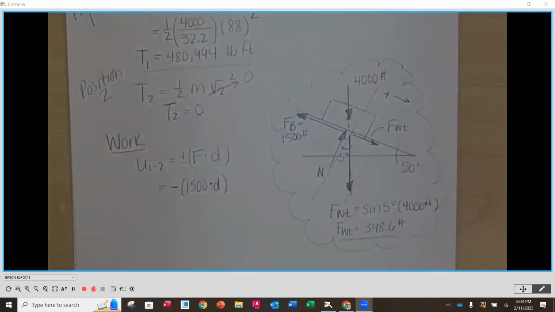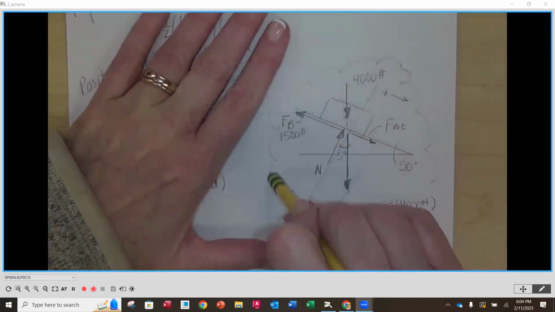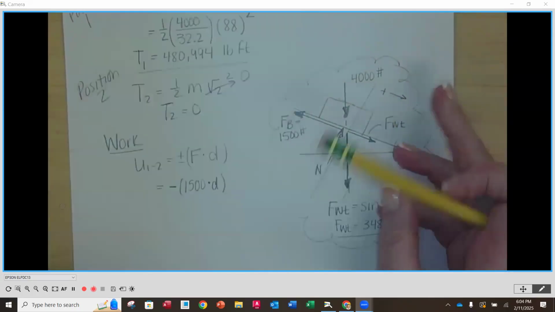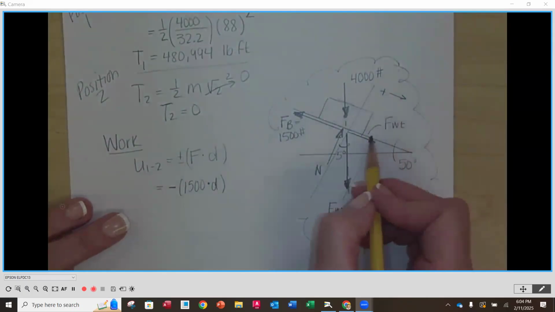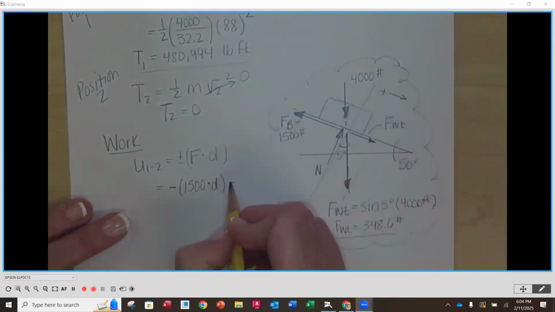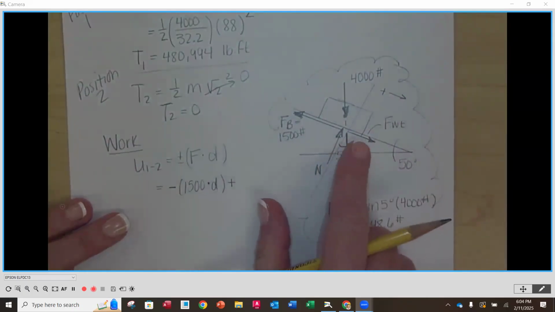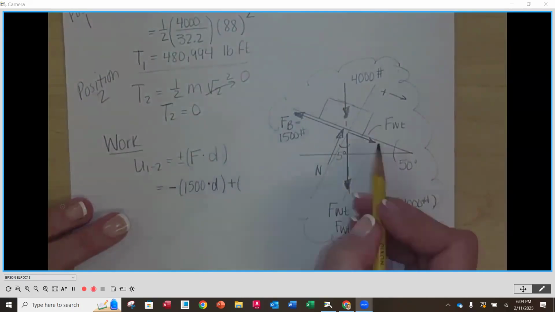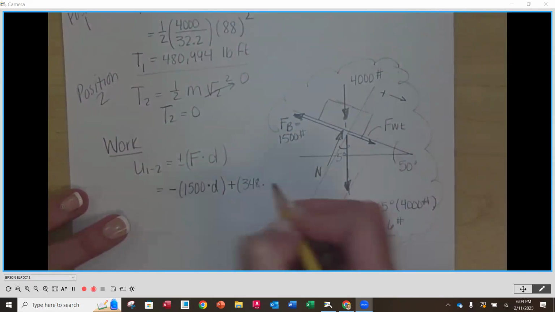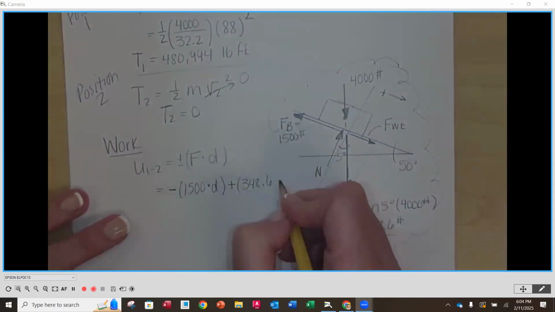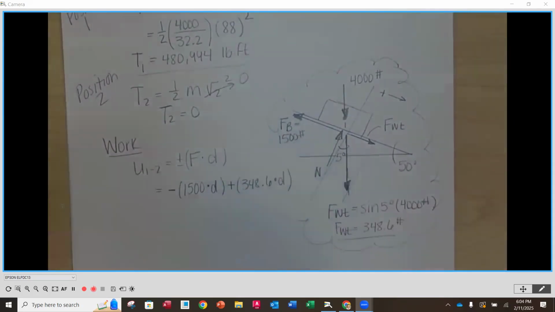Okay, we don't know what that is yet. And then if we're going with the positive direction here, which is going to be the component of the weight of the car going down, this is going to be our FWT, which is 348.6 times that same braking distance. See that? Okay.